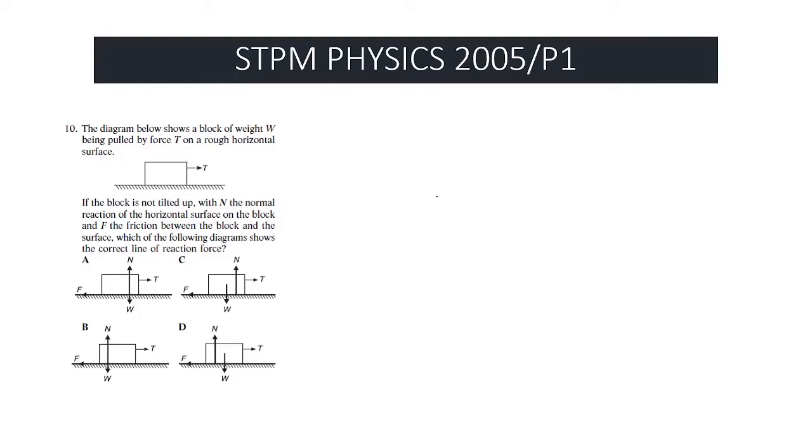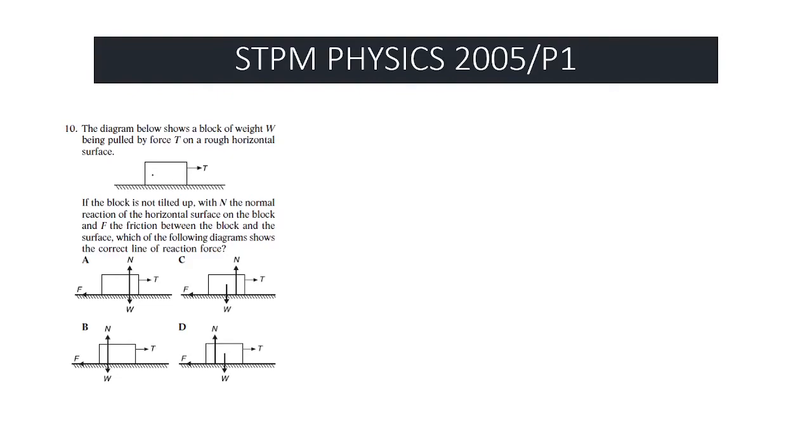Question 10. The diagram below shows a block of weight W being pulled by the force T on a rough horizontal surface. If the block is not tilted up, N is the normal reaction of the horizontal surface on the block, and F is the friction between the block and the surface. Which of the following diagrams shows the correct line of reaction force?